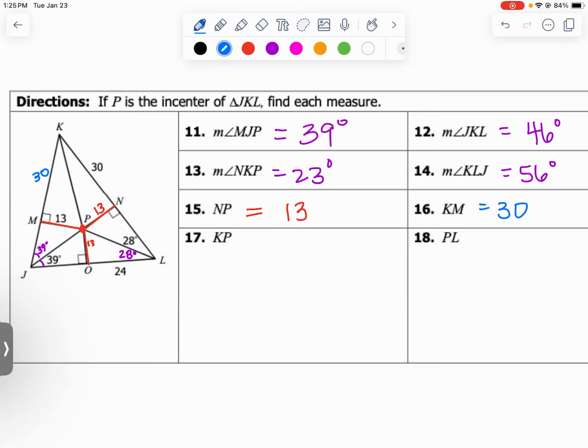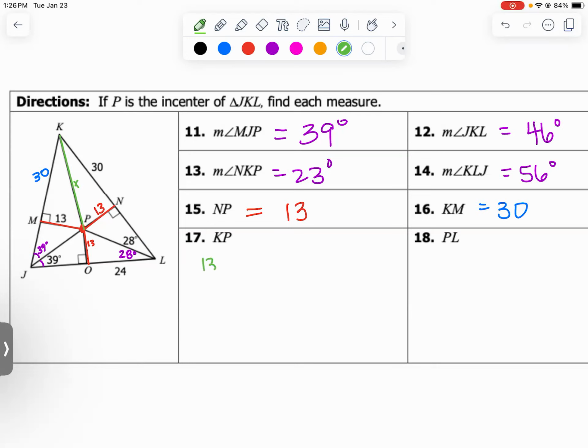All right, so let's talk about KP and then we'll be done. KP. I'll highlight it in green here. I am looking for KP. What are we gonna have to use to get us KP? Pythagorean theorem. I'm gonna call KP X. Which one's the hypotenuse? KP, what we're looking for.